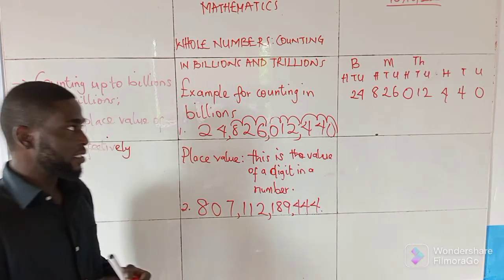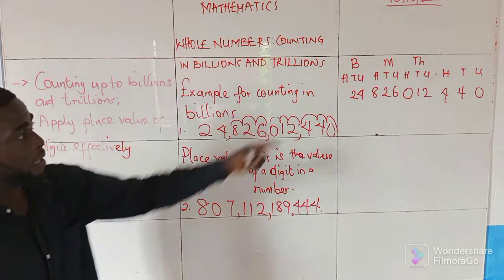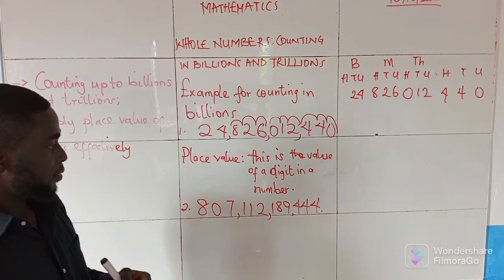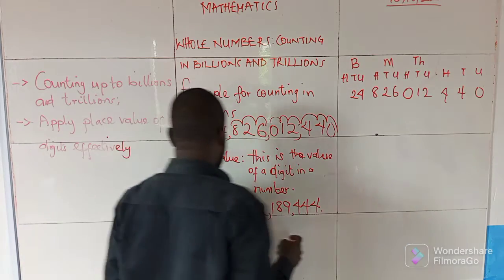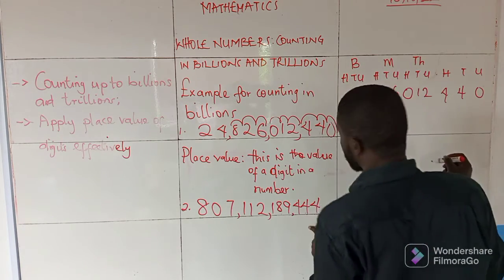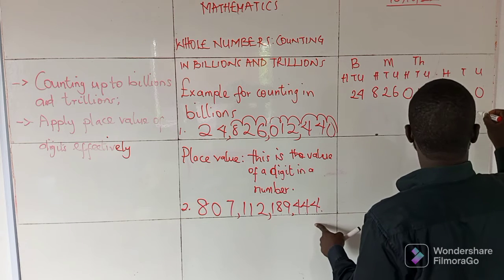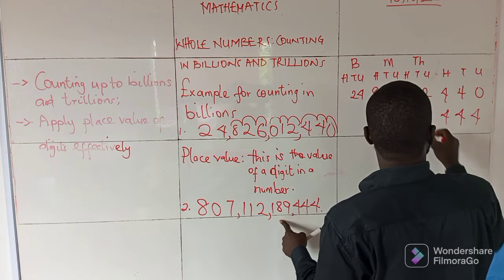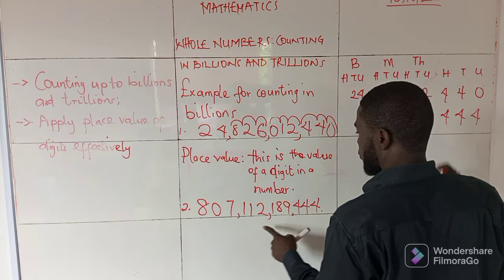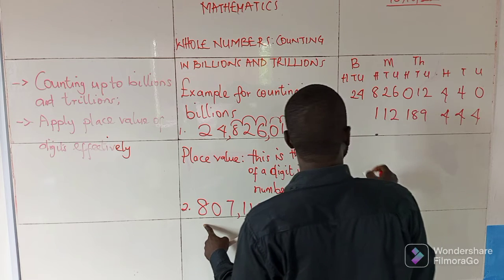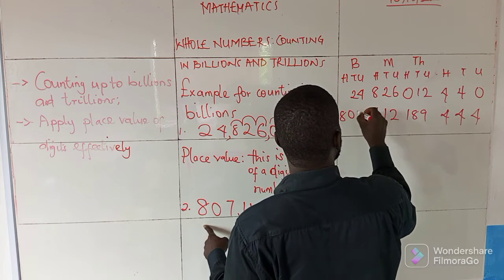Now, that extra digit, if we want to place it on our small table there to aid understanding, let's add it, starting from the extreme right. 444 falls into the first group, 189 falls into the second group, 112 falls into the third group, and 807 in the last group.